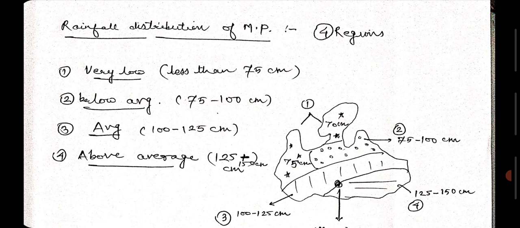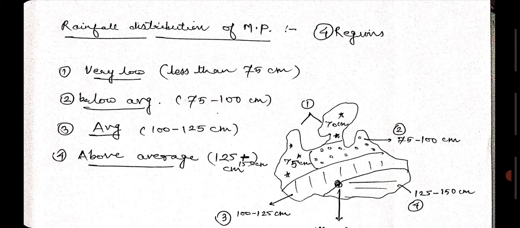Below average, 75 to 100 centimeter, mainly Bundelkhand. Then average 100 to 125 centimeter.